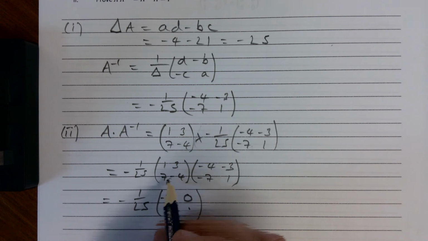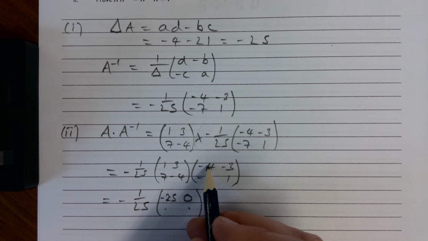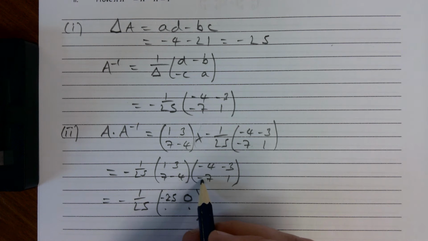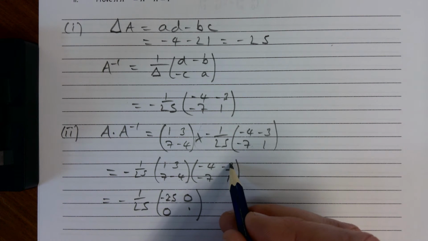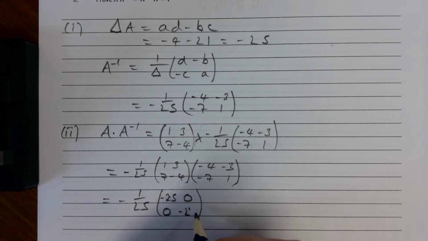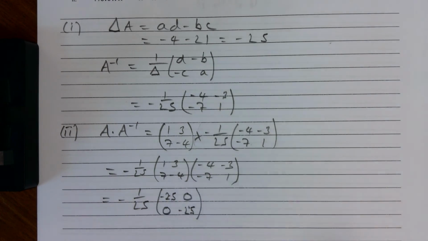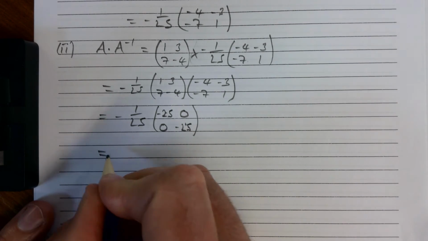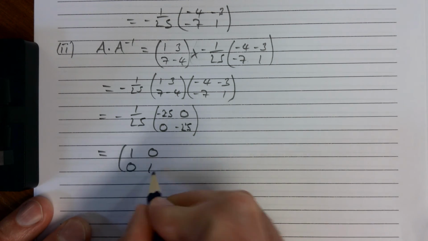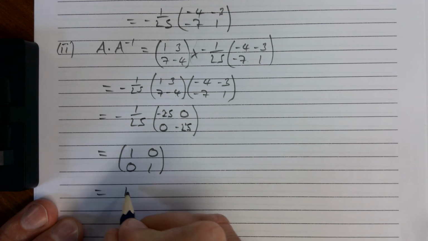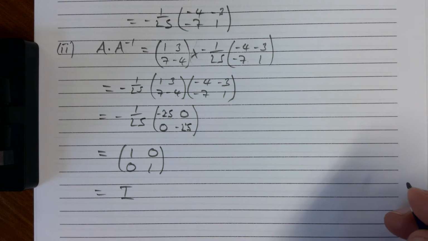Second row, first column: minus 28, and then minus 4 times minus 7 is plus 28, that gives us 0. And then second row, second column: minus 21 minus 4 is minus 25. If we then multiply that through, we get (1, 0, 0, 1), which equals I. That's what we're hoping for.